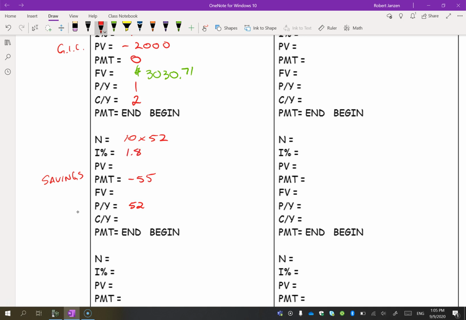Savings accounts do not have very good interest rates. It has weekly, compounded weekly. All right, present value is 0. So starting with nothing, what is this going to end up being? $31,329.72. Okay.